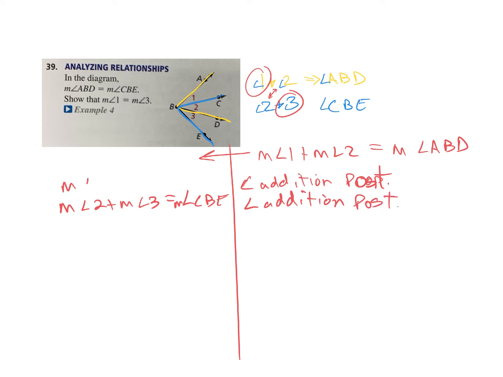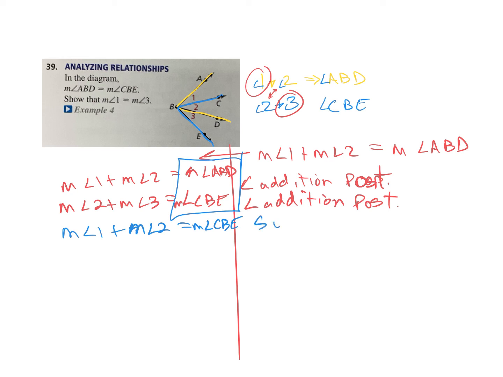All right, now, what can we do? Let me write the other one up here. Angle 1 plus the measure of angle 2 is equal to the measure of angle ABD. And we already know that these two are equal to each other. So we can go ahead and say that the measure of angle 1 plus the measure of angle 2 is equal to the measure of angle CBE.